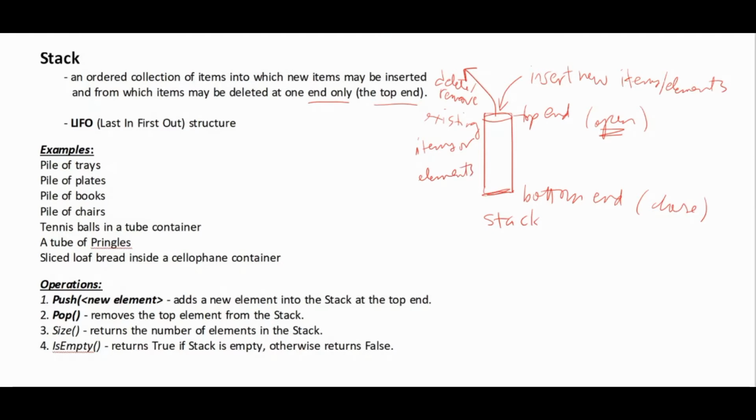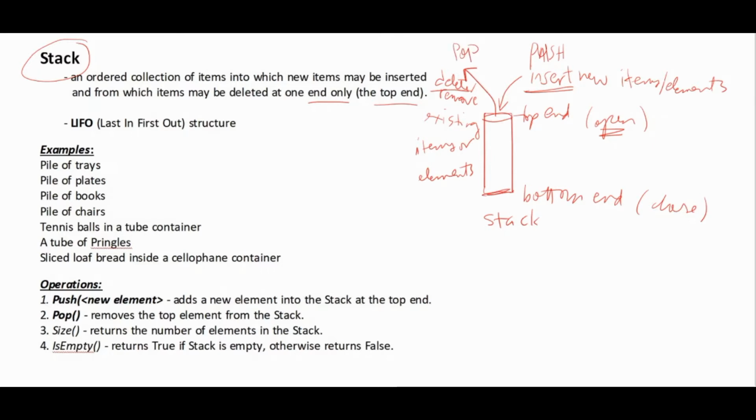Now, there are two common operations in all data structures: insert and delete, or the insertion and the deletion operations. For data structure stack, the insert operation is called push and the delete operation is called pop.